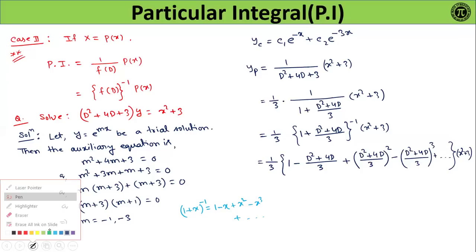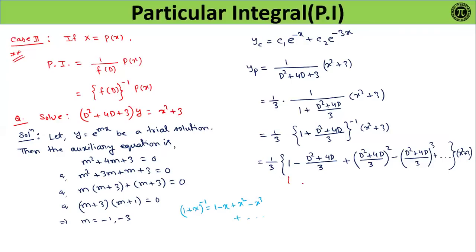Now here x square plus 3 is a quadratic, a 2-degree polynomial. So if the polynomial is 2-degree, maximum we can differentiate this polynomial 2 times, because the 3 times derivative will be 0. So we can differentiate maximum 2 times. Okay, so that means from this expression we have to take only the 1 term, the D terms and the D square terms.